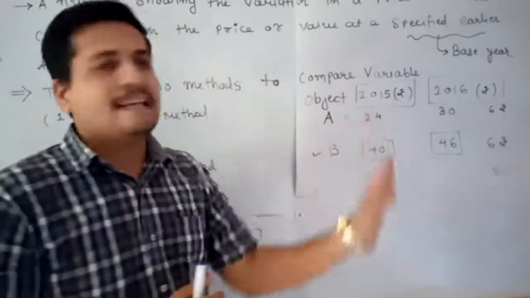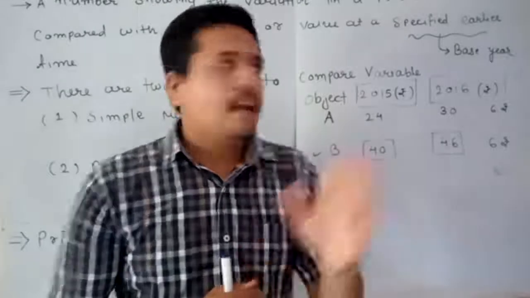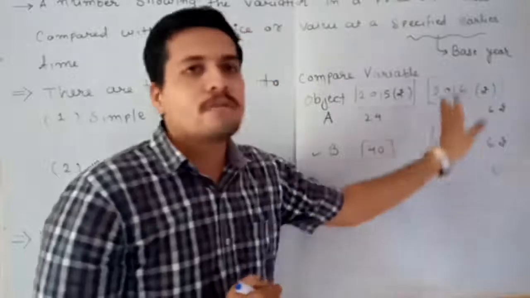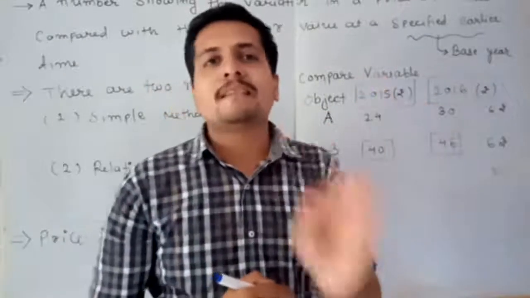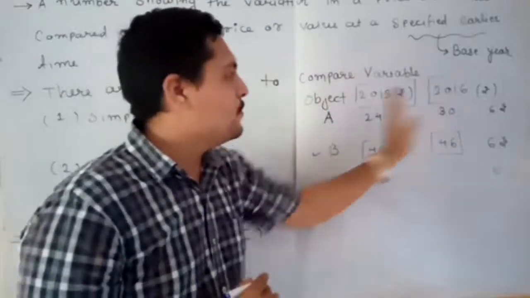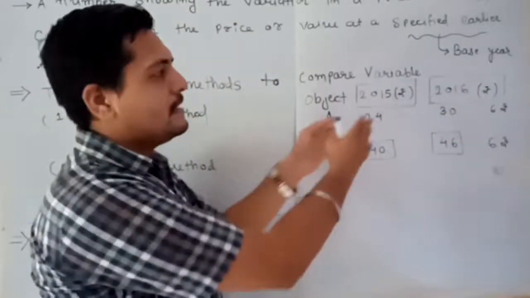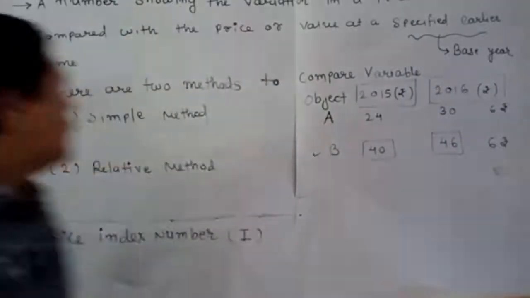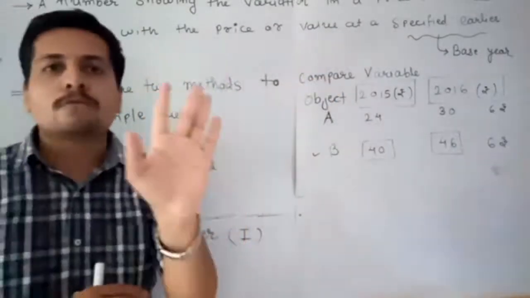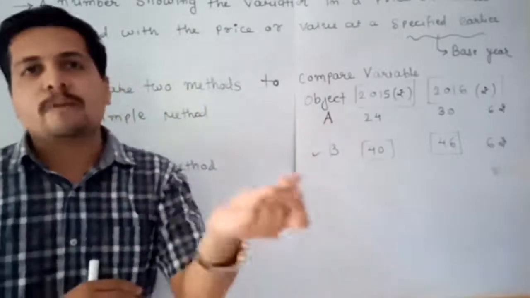So the change in price is the same, but the base year price is not the same, so the index numbers of both are not the same. So we have to find a ratio to compare these quantities; we can't compare the two years' prices by the simple difference method alone. We have two methods to compare any variable or price with the respective base year.